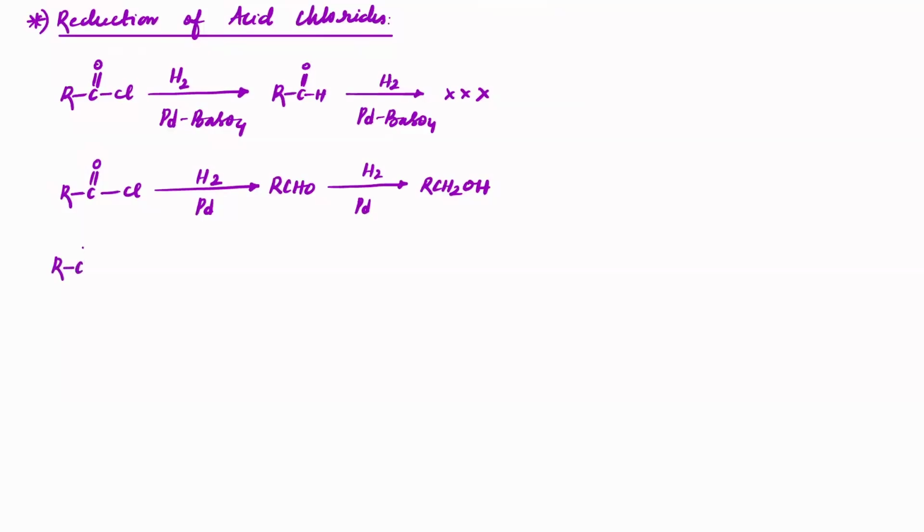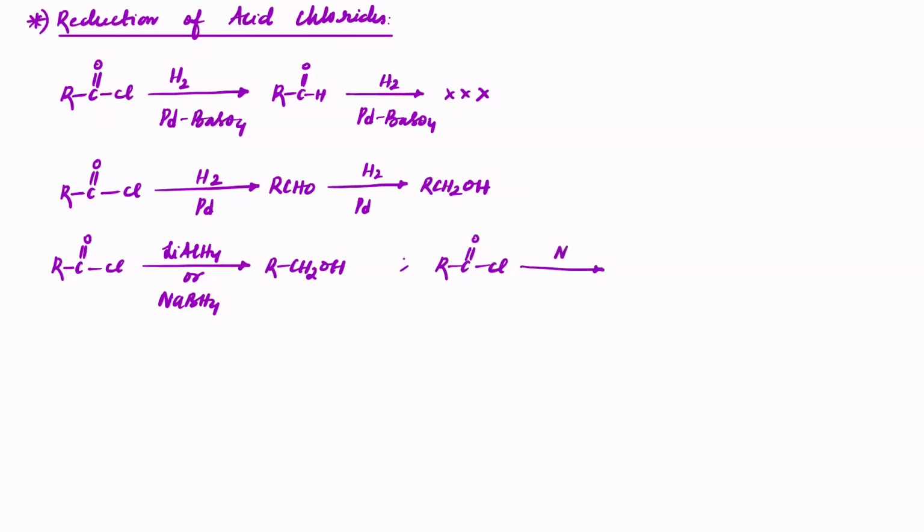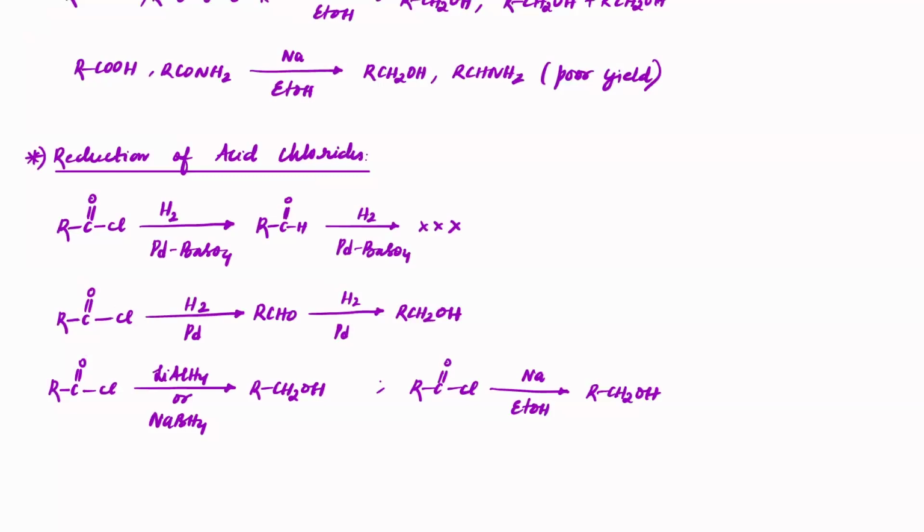And now, if you have acid chlorides reacting with lithium aluminum hydride or even sodium borohydride, in both cases it will convert into an alcohol form. I mean, it will go all the way up to the aldehyde and then convert to alcohol. And acid chlorides are also very well reactive with sodium in ethanol, which I just told you, so that will convert into RCH2OH. Got it? So these are all the reagents that can be used.